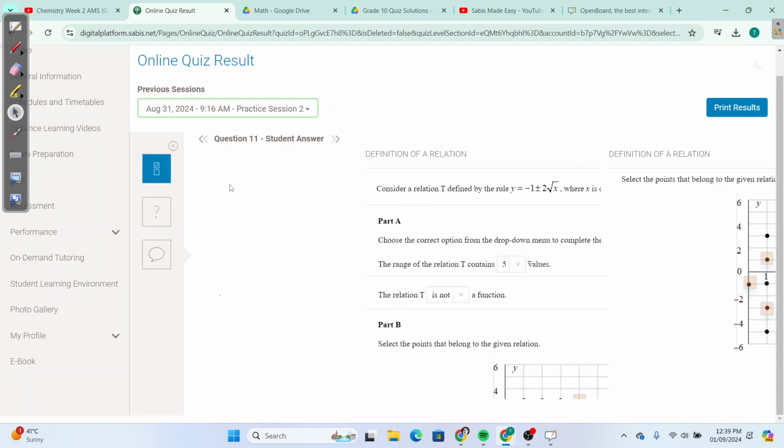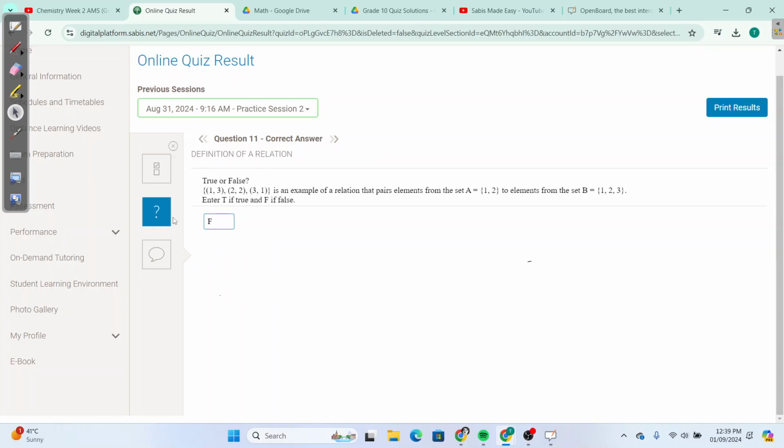Okay, so now question 11. True or false, 1, 3, 2, 2, and 3, 1 is an example of a relation that pairs elements from set A to elements from set B, which are 1, 2, 3, and set A is 1 and 2. Now, why is this false?